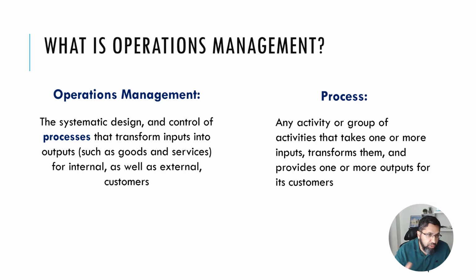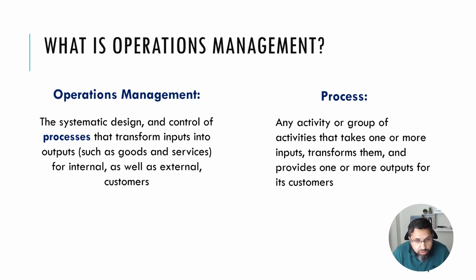Right? External users would be your customers. Internal users would be one part of the organization creates something that another part of the organization uses. So essentially, operations management is the design and control of processes, or in other words, process management.